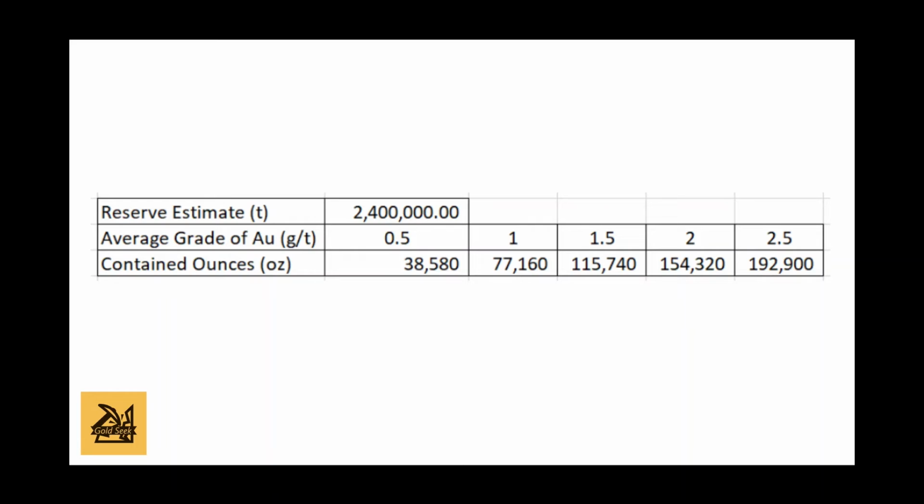I've worked examples for 1, 1.5, 2, and 2.5 grams per ton. These work out to be 77,160 ounces for 1 gram per ton average grade, 115,740 for 1.5, 154,320 for 2, and 192,900 ounces for 2.5 grams per ton.